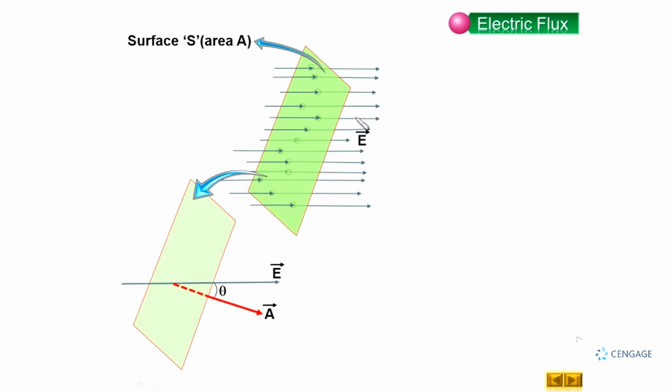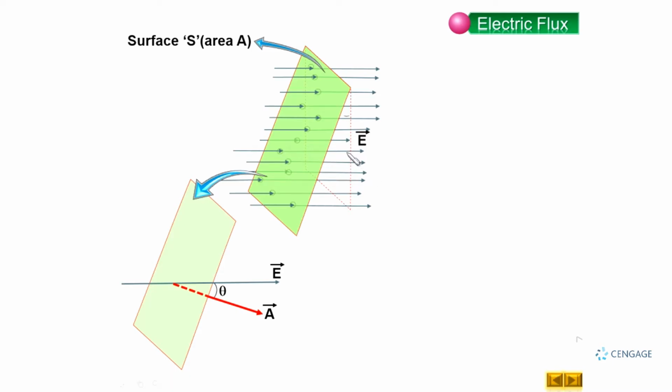And here you can observe this surface is not perpendicular to the electric field. So one thing we can do is make the projection of this area on the vertical plane. In this way, that vertical projected area will become perpendicular to the electric field lines. So let us make the vertical projection of this surface like this.